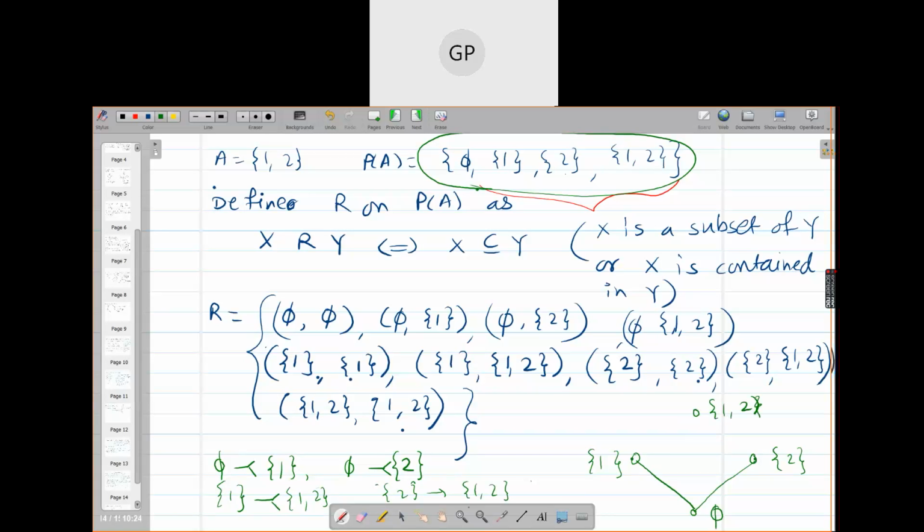Therefore, I will join these two. So this is the Hasse diagram of this relation. Do you understand it? Yes, ma'am. If you have finished, I can go ahead.